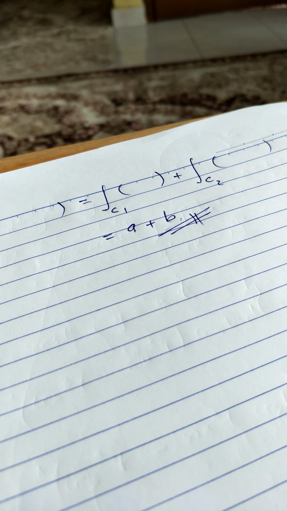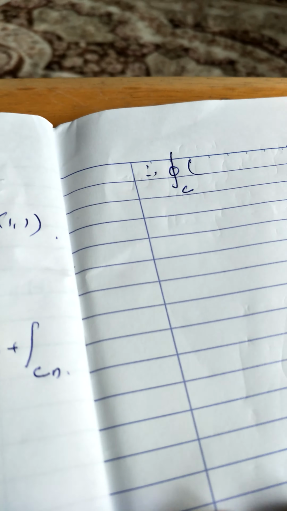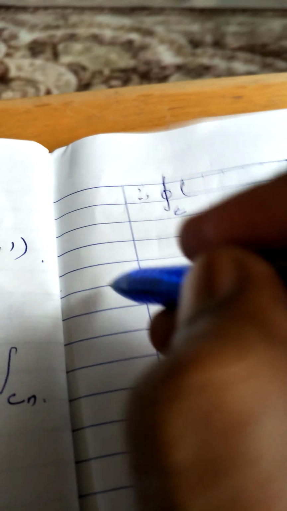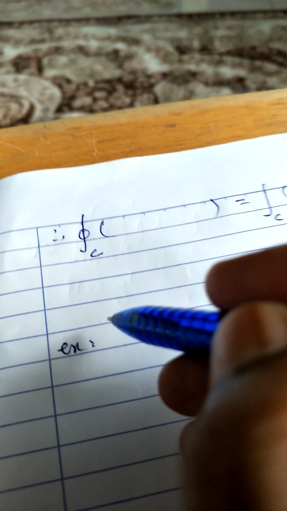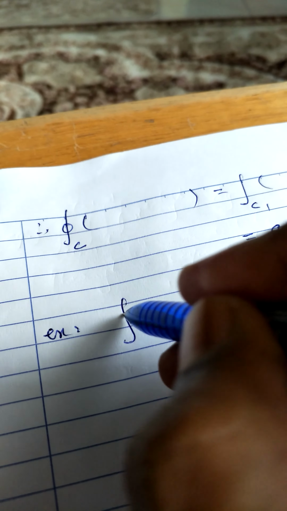I wish I could give you some exercise to get familiar with. Can you evaluate this integral? I give you this exercise. You can do it if you want. You can leave it if you don't want.